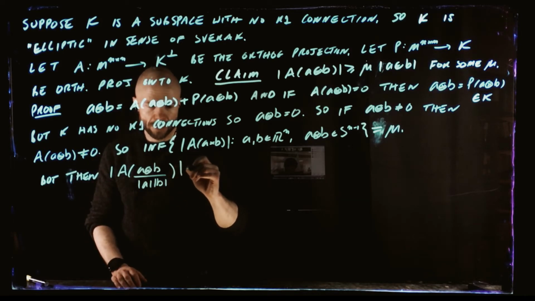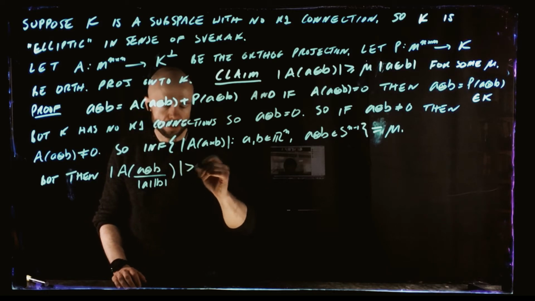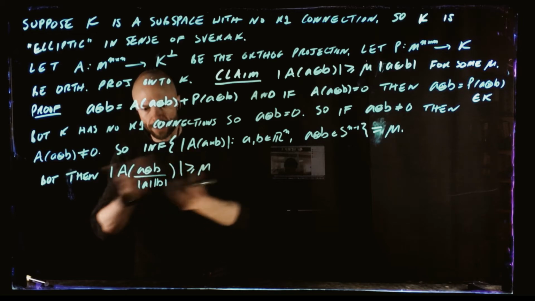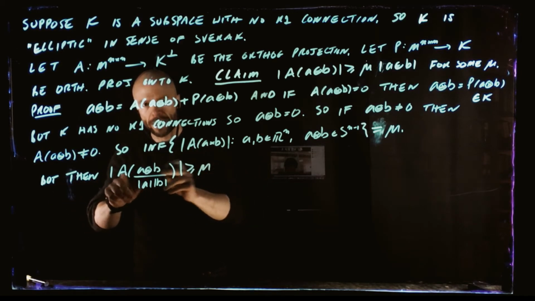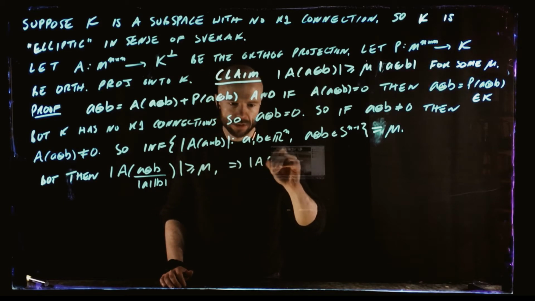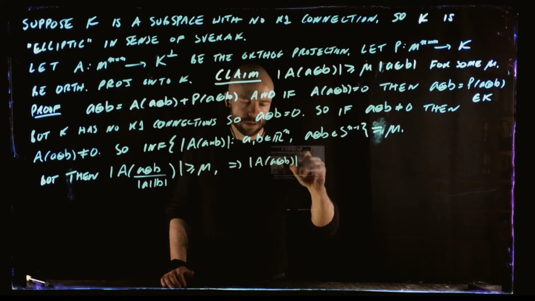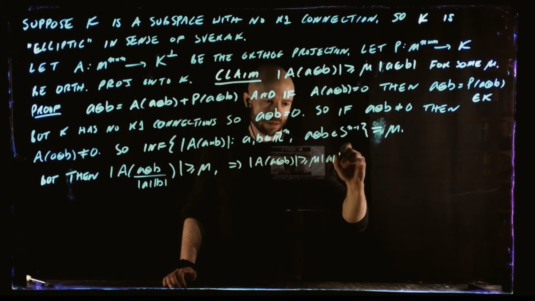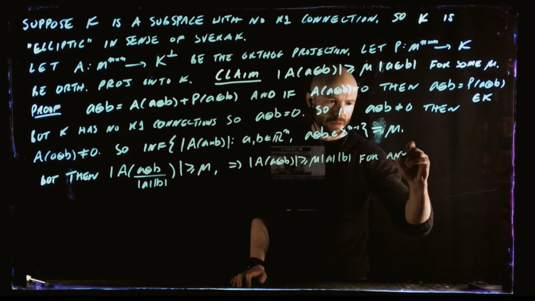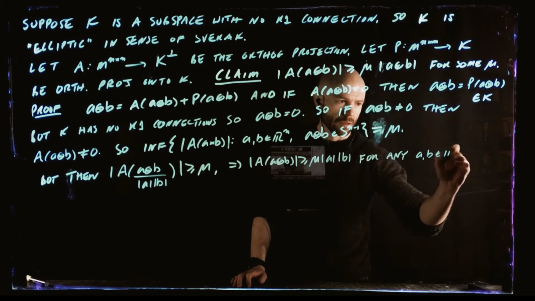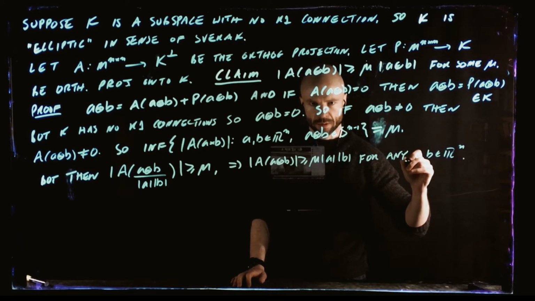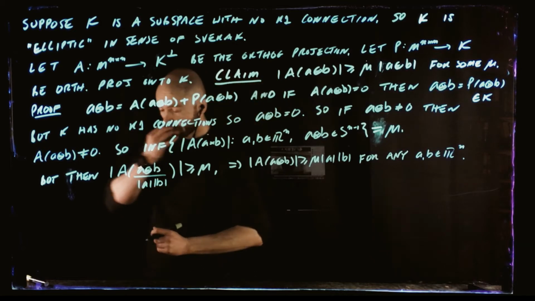So this thing is bigger than or equal to mu, but this is a homogeneous condition, and this is a projection, a linear mapping, so this implies our estimate. Everybody agree? Thumbs up if you agree. Good.